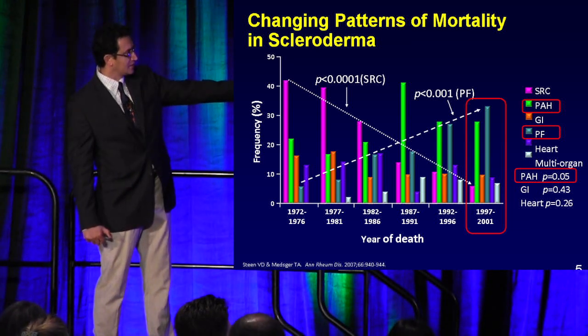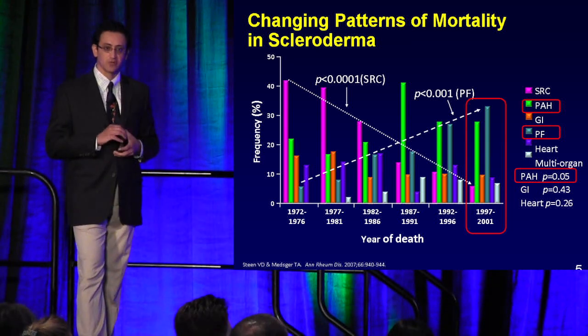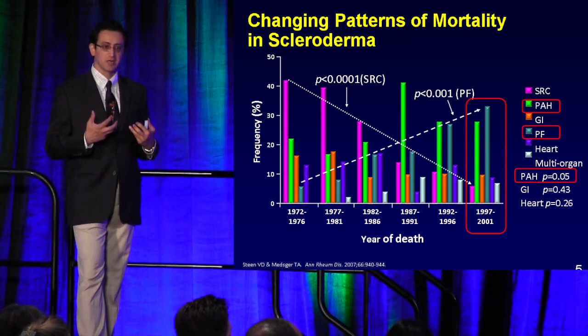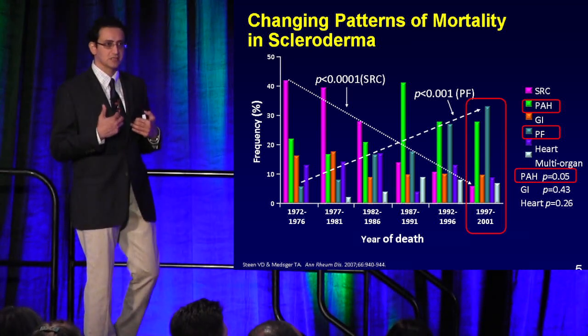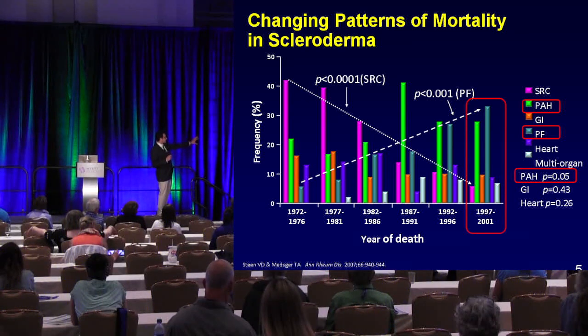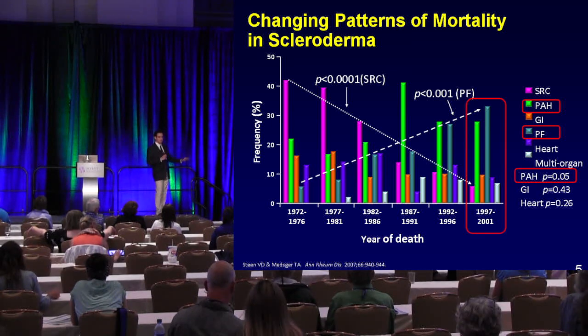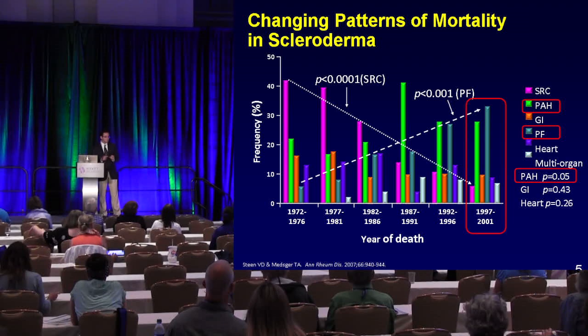But from 1997 to 2001, the number one cause of death is cardiopulmonary involvement, pulmonary arterial hypertension, and lung fibrosis. So that's a very important message: as a rheumatologist, when I see patients, those are the key factors we look at, trying to screen for them, and if you have it, trying to diagnose it and give you appropriate treatment.